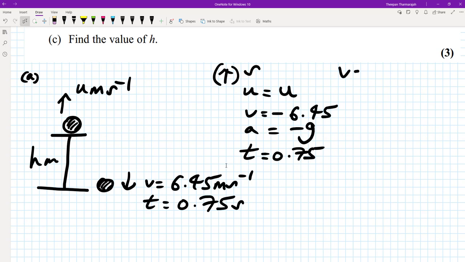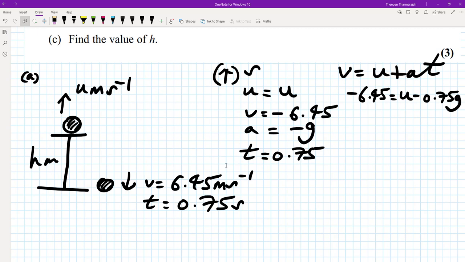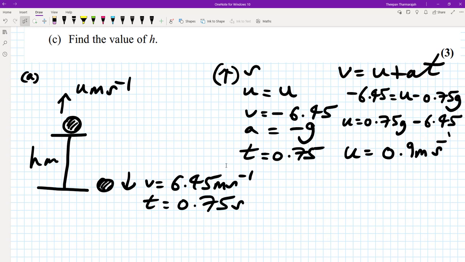So we can use v equals u plus at. That's our SUVAT equation. So minus 6.45 is equal to u minus 0.75g. So we can say u is 0.75g minus 6.45, and that will give me 0.9 meters per second as required.